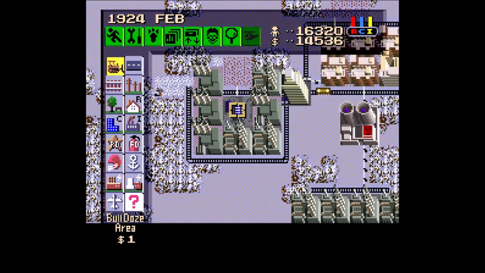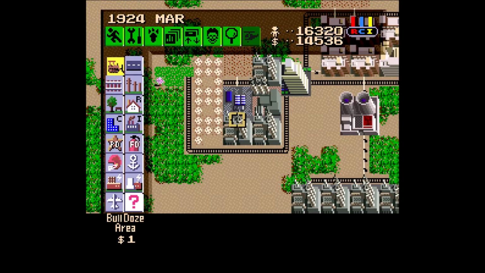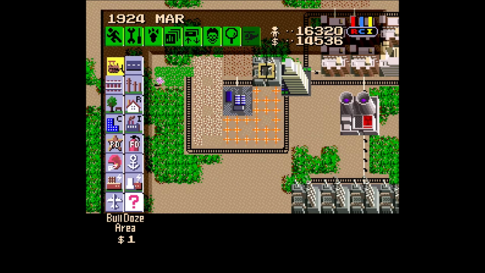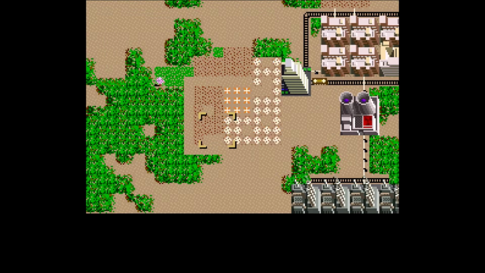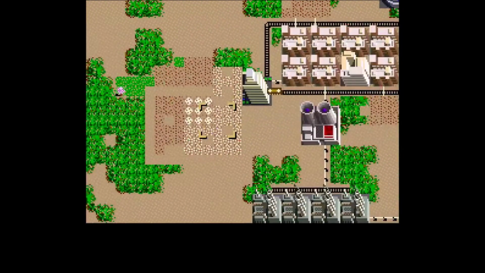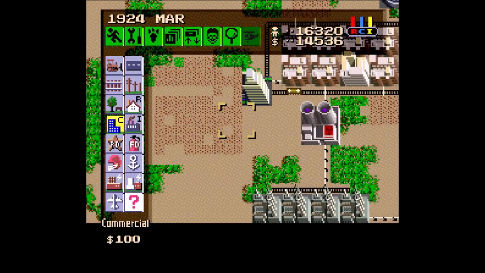The question is, is it possible to ever get a commercial zone to kind of revert back? The answer is yes. The only way to make a commercial zone revert back is if commercial demand plummets. So let me show you an example of that. Commercial demand, which we can see up here, this is the RCI meter.